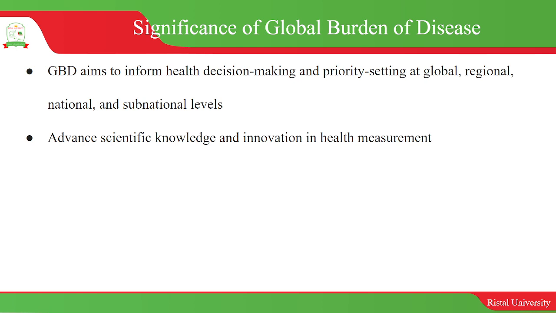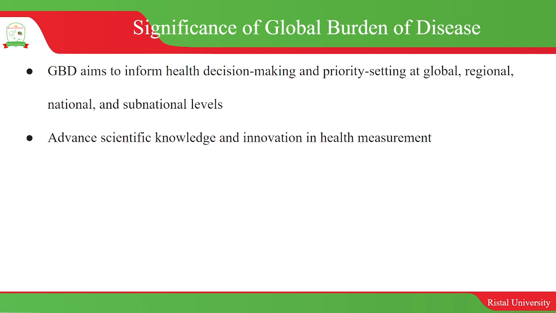For example, countries in developing nations, or what you call the global south, where should they put the emphasis? Data helps them to know the areas where they can put emphasis. So it helps in priority setting.